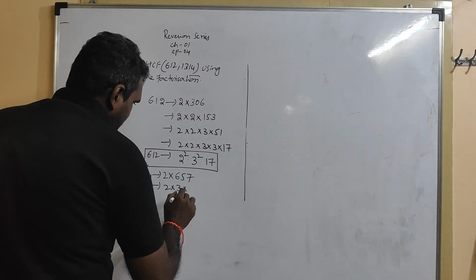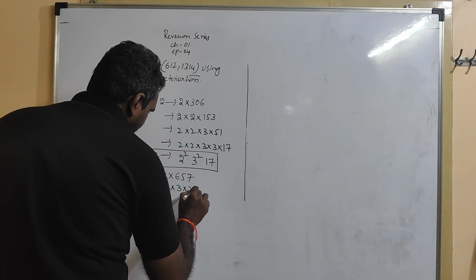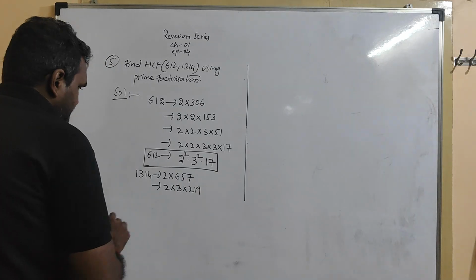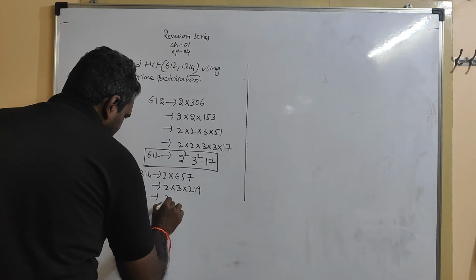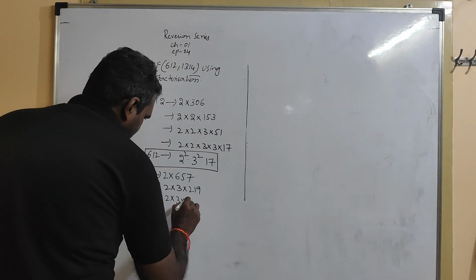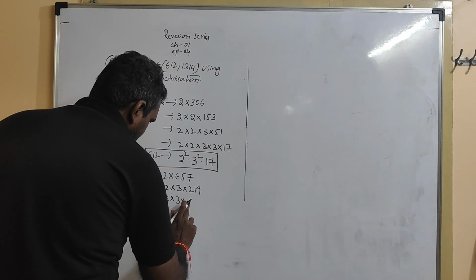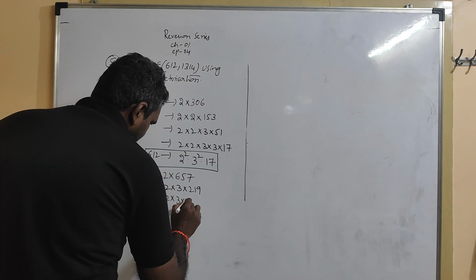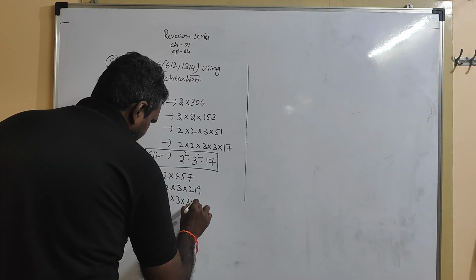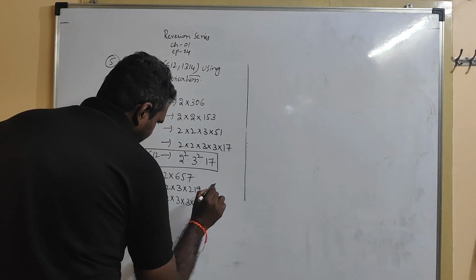3 table, 2 times. 3 table, 9 times. Again 3 table it will go. Check. 3 table 7 times, and 3 table 3 times.